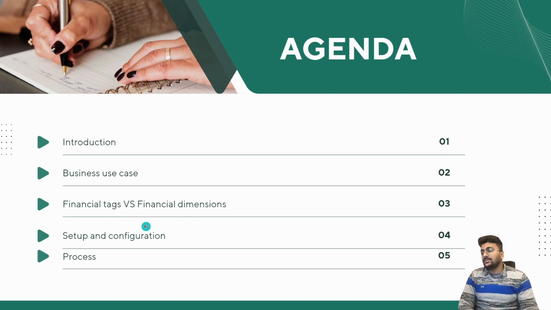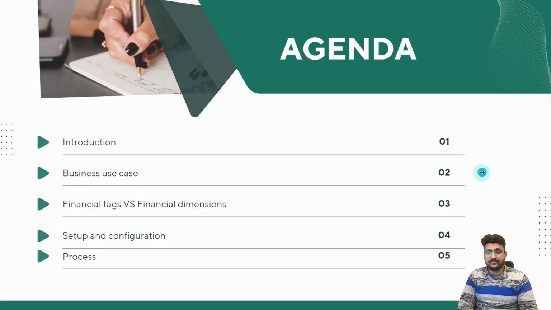After that, we will be covering the setup and configuration part of financial tag in the system, what are the required features that need to be enabled, and what are the parameters that we should keep in mind while configuring and setting up the financial tag in D365. After that, we will be covering the process level, how to manage financial tag in D365. So let's see what is financial tags.